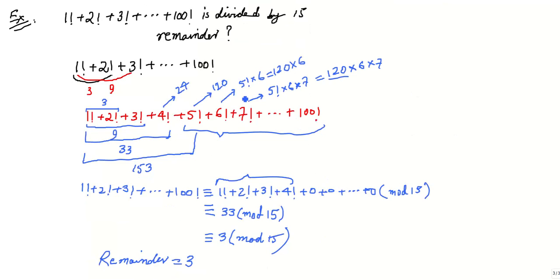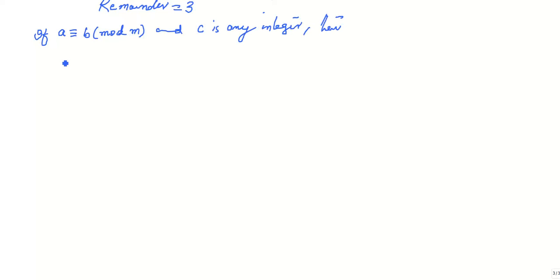Okay. And there are some important facts as well, and you can consider them as corollaries. If A is congruent to B modulo M and C is any integer, then there are some important things.